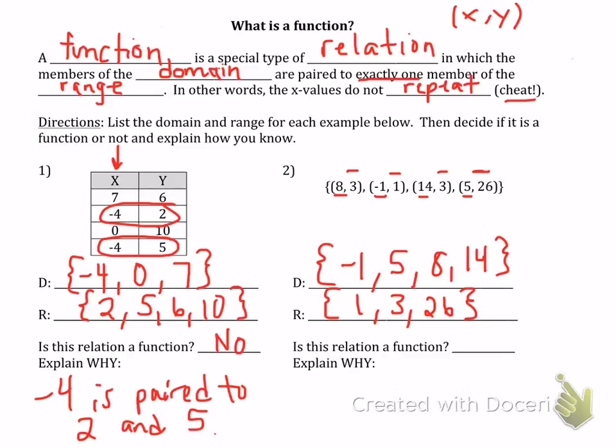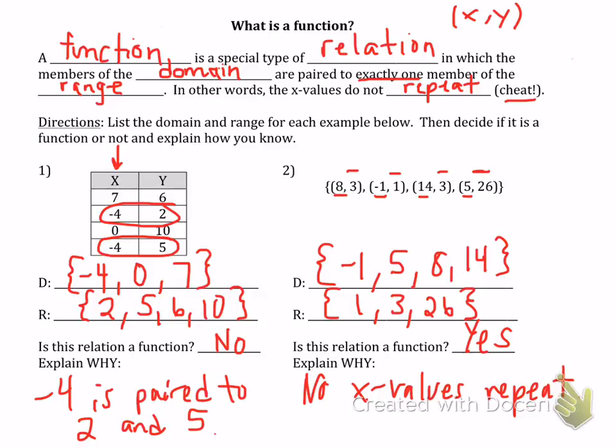You might say in a joking way it's like 8 and 14 are competing for the same y value. But both of the x values are still only being paired one time. So that's actually still under the good characteristics of a function. And the last one, 5, is also being paired one time. So none of the x values are repeating, so that makes it a function. You could say yes, and you could say no x values repeat.